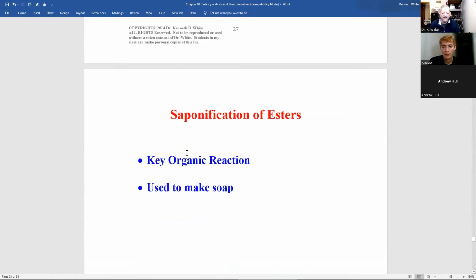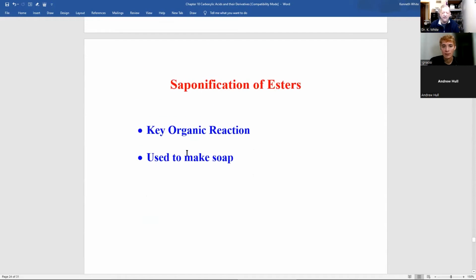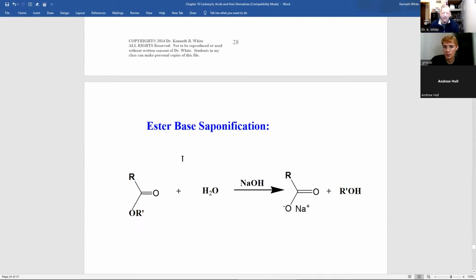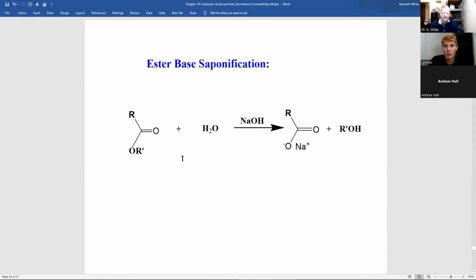And I started talking about saponification of an ester. Let's pick up here. If you take an ester and react it with water, here I have sodium hydroxide. Well, let's go to my whiteboard.